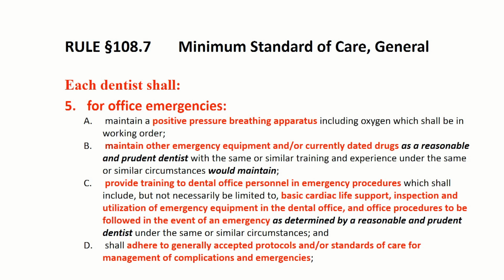That's the most efficient, but not necessarily the standard of care, in the sense that you could also have a manual ambu bag that would give you that positive pressure as well. But just for risk management relative to patients, the best positive pressure breathing apparatus would be the mobile oxygen tank.